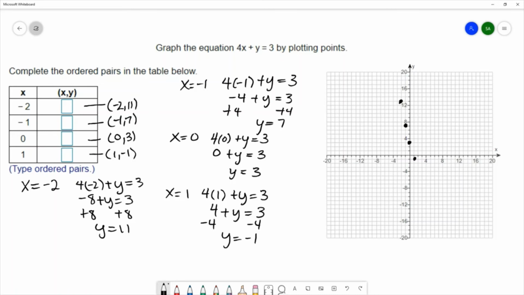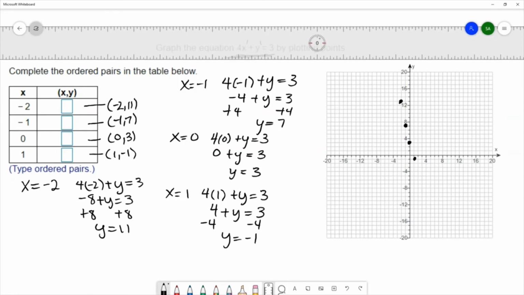You can see that those points are falling in a straight line, which is what we should expect. Since our equation is a linear equation, we have x to the first power and y to the first power, and I'll connect these points with a straight line.